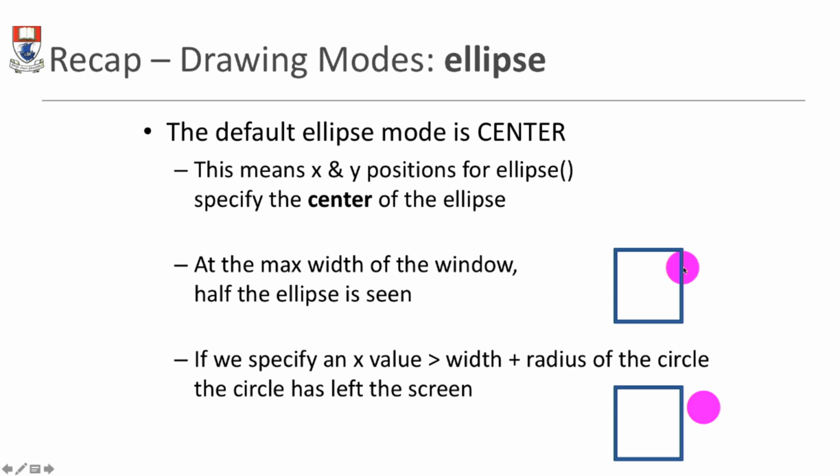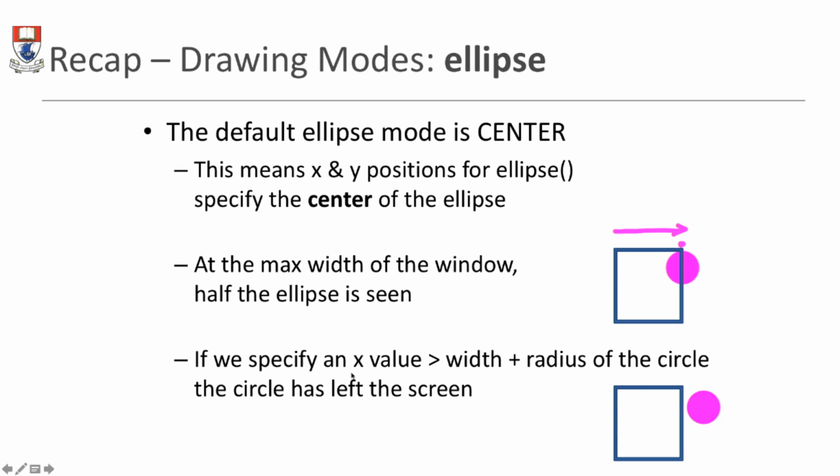So the width of a screen, which goes all the way over to there, if you specify that as the x coordinate of the circle, it's going to draw it where the center of the circle is on the rightmost part of the screen, which means you only get half of the circle. Likewise, if you go beyond that, it's going to be completely off.